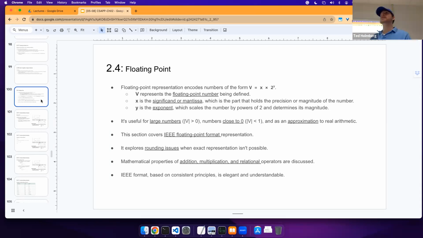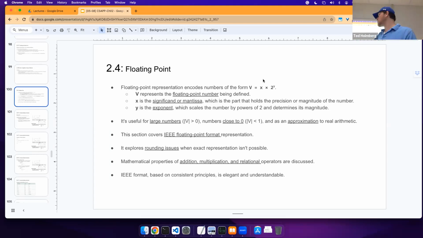V represents our floating point number, x is going to be the mantissa or the significand, and y is the exponent by which we're going to raise the power of 2. We're going to break that down and show samples of that, but that's the general mathematical form we're going to take.